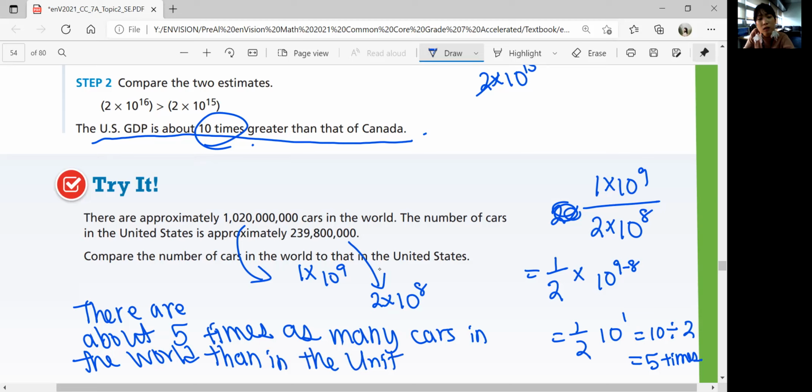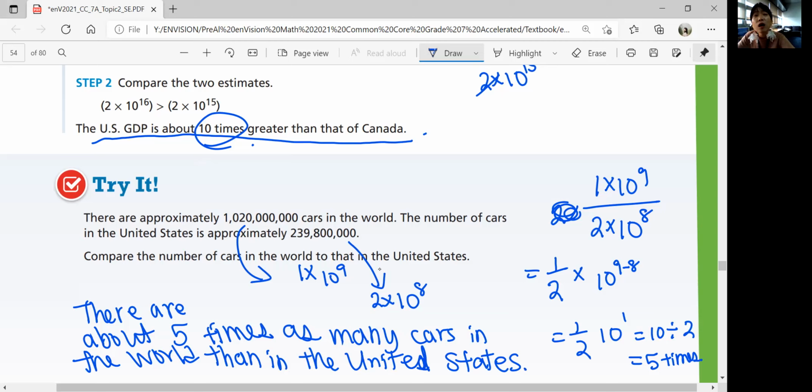But guys, this is really big. United States has a lot of cars. This does mean that the United States has a lot of cars because we have a lot of countries in the world.